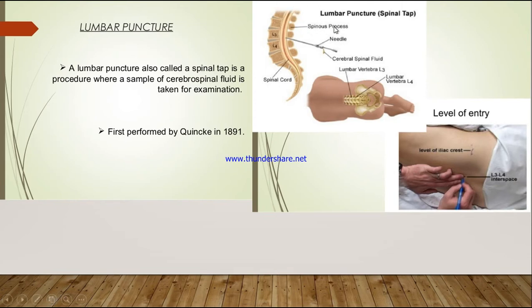You can see here the spinal process and the spinal needle. The location where we insert the spinal needle is between L3 and L4. This procedure was first performed by Quincke in 1891.